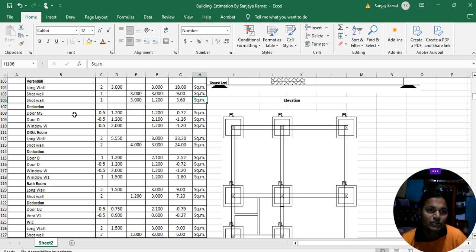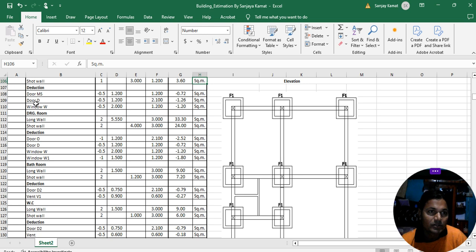Once we get the three values, multiply these three values, but this time we are doing the deduction, so we keep the negative sign in front. Okay, and so this is how much, 0.72 square meter.